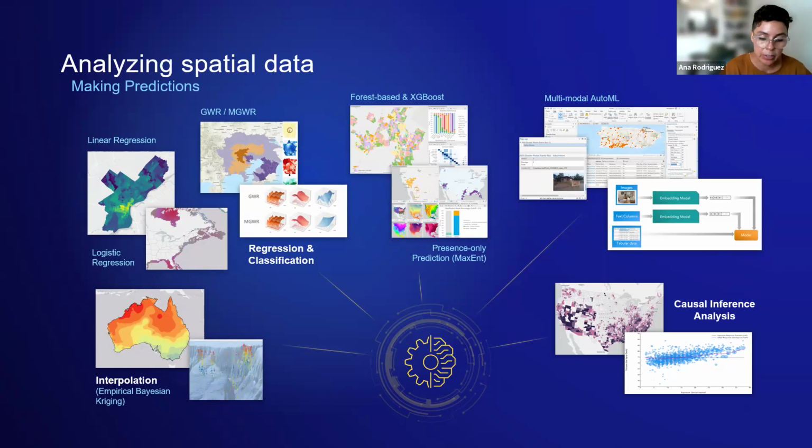We have machine learning algorithms such as random forest and XGBoost. MaxEnt, or maximum entropy modeling, is used to predict species distribution. We have multimodal auto machine learning techniques that can be applied to tasks that involve data from multiple sources or modalities such as images, text, and tabular data.